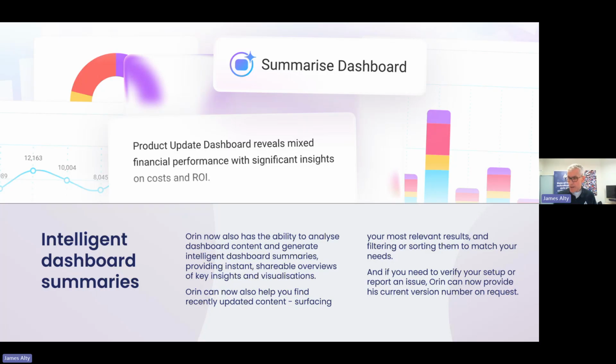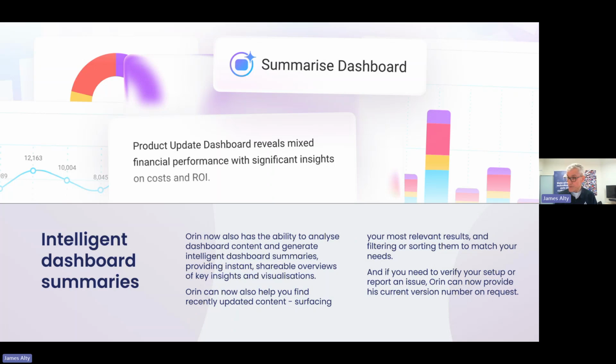At the moment, we are holding with the current model. We use an OpenAI ChatGPT 4.0 mini model behind the scenes, and that's working really quite well. But our team are constantly monitoring and on top of the different models and the capabilities those models have, and we will keep Orin up to date.